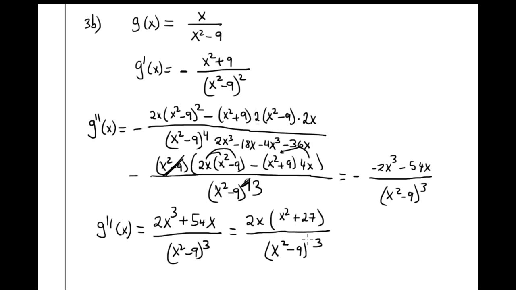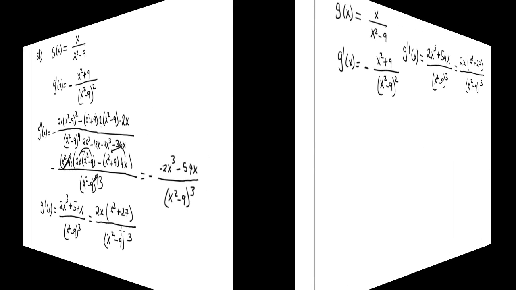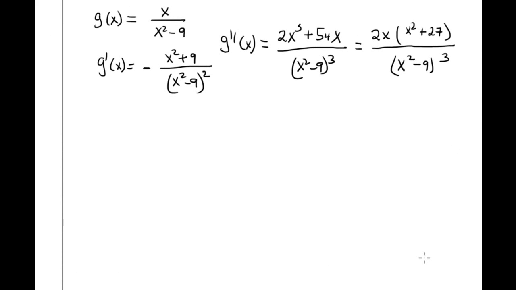Okay, ready to continue. The critical values for the second derivative are when the numerator is 0, which is when x equals 0 here, and the critical values here are plus or minus 3, so x equals positive 3 and x equals negative 3.